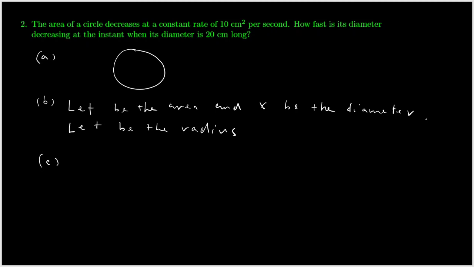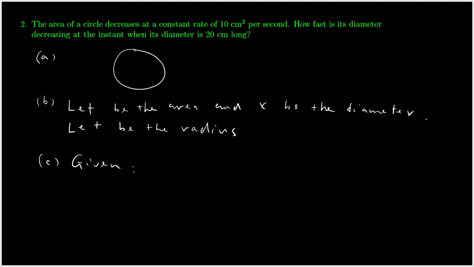So we need three variables for three quantities. What are we given? We are given the rate of change of the area, given. It's kind of so important.